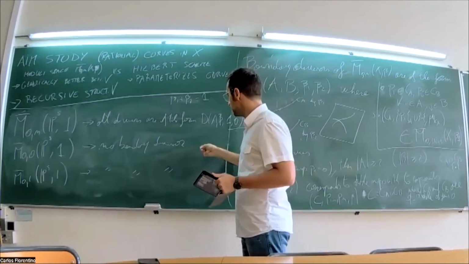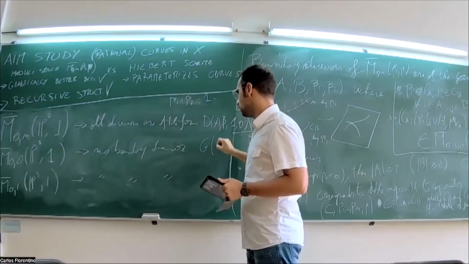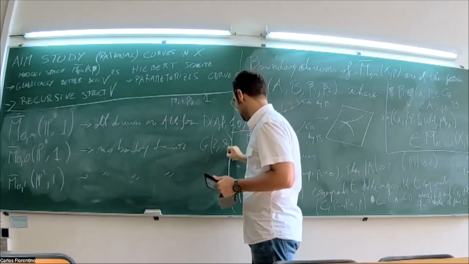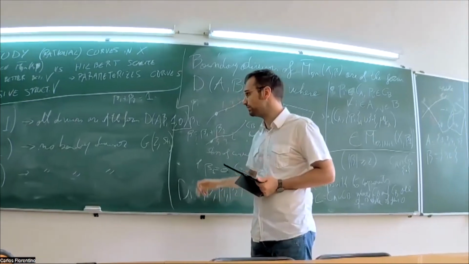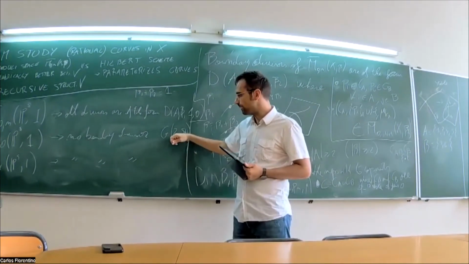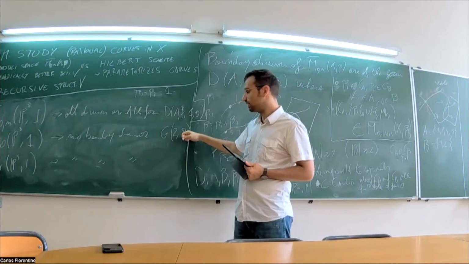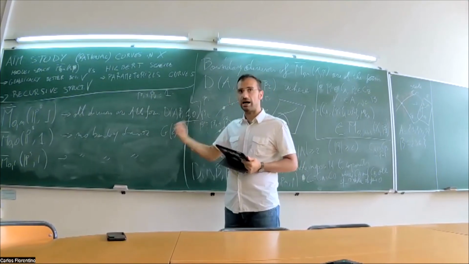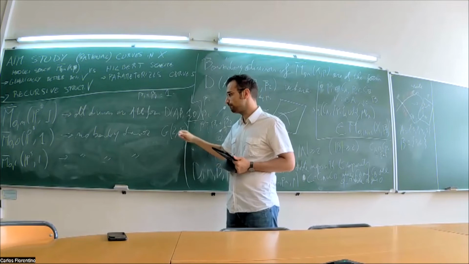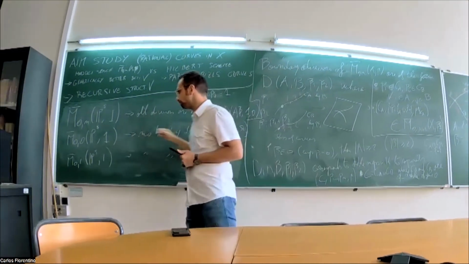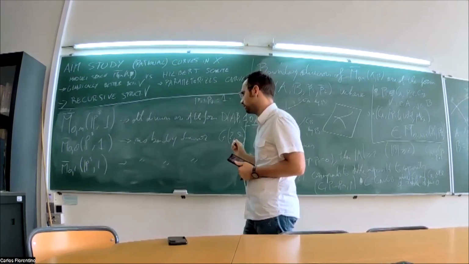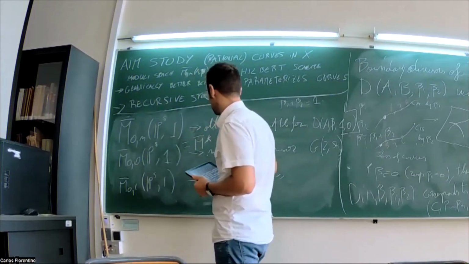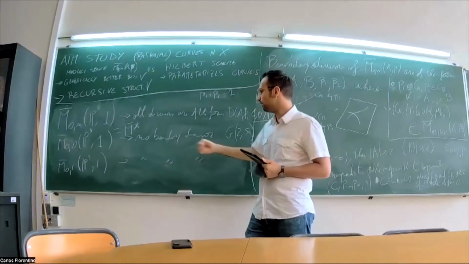This space is the Grassmannian of lines in P^s. So I don't know which notation to use. This means subvector spaces of dimension 2 inside the vector space of dimension s+1, and these are the same as lines in the projective space P^s. So this is the space which is a fine moduli space indeed. So no boundary divisor.